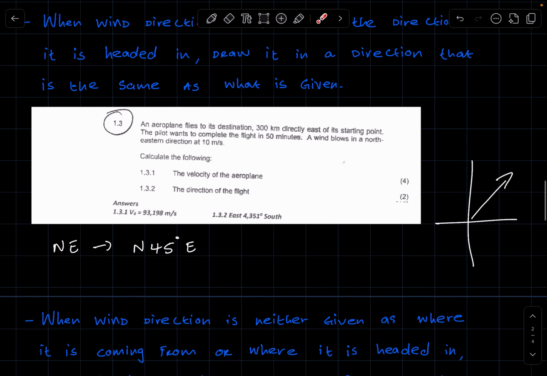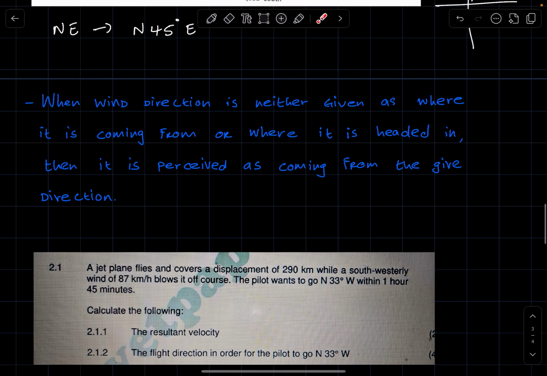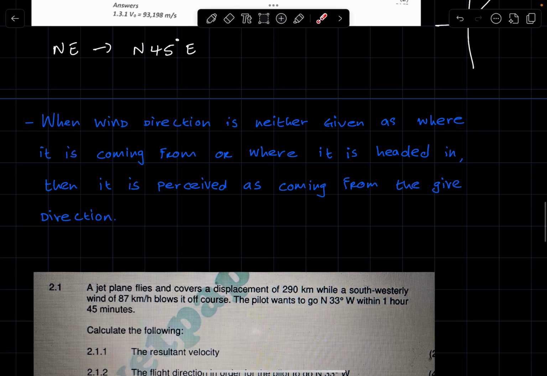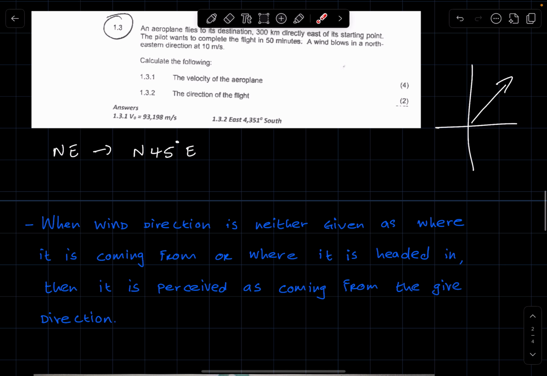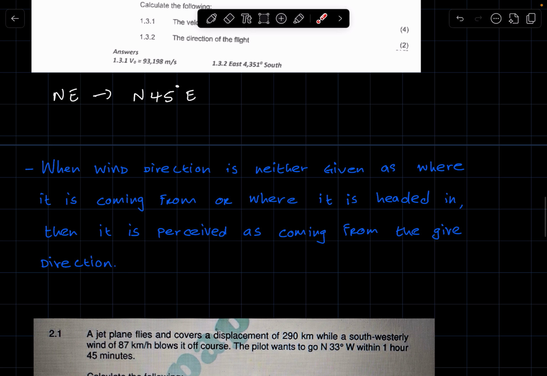So that's the second scenario. Now the third scenario is when the wind direction is essentially ambiguous. By ambiguous, I mean it is unclear.